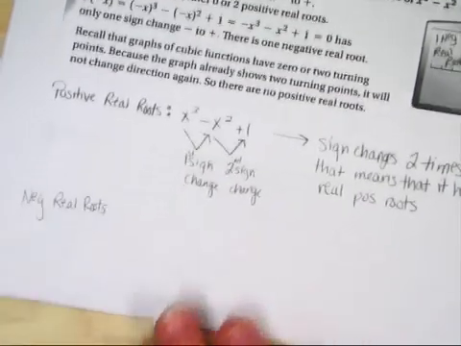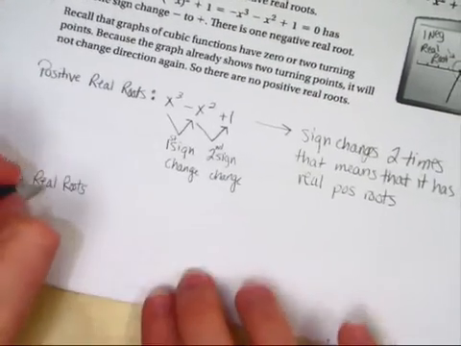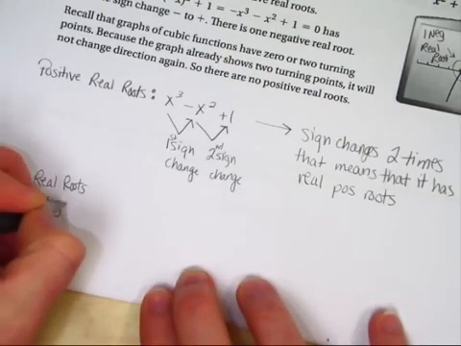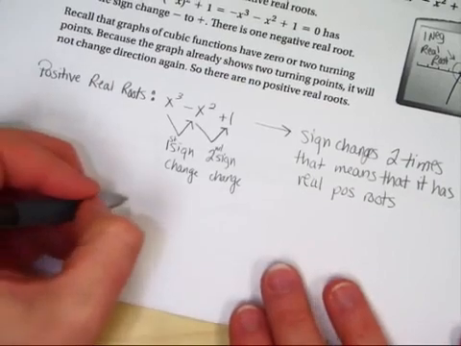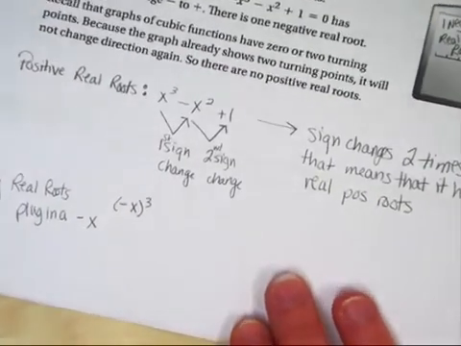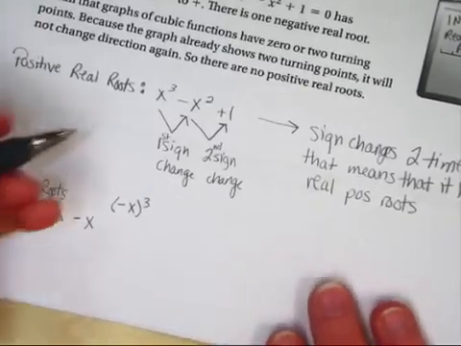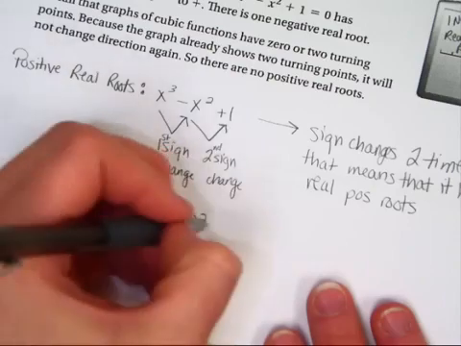In other words, how many times does it cross the x-axis on the negative side? So what I need to do is plug in a negative x. So I will have negative x quantity cubed minus negative x quantity squared plus 1.